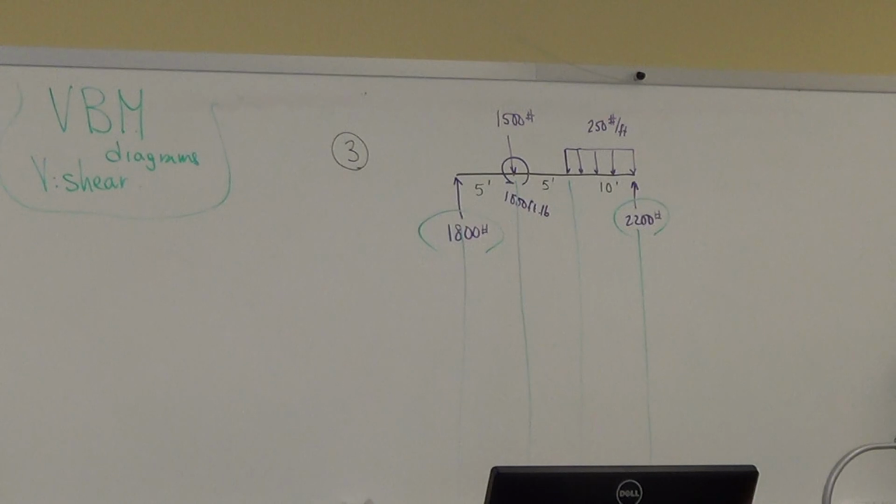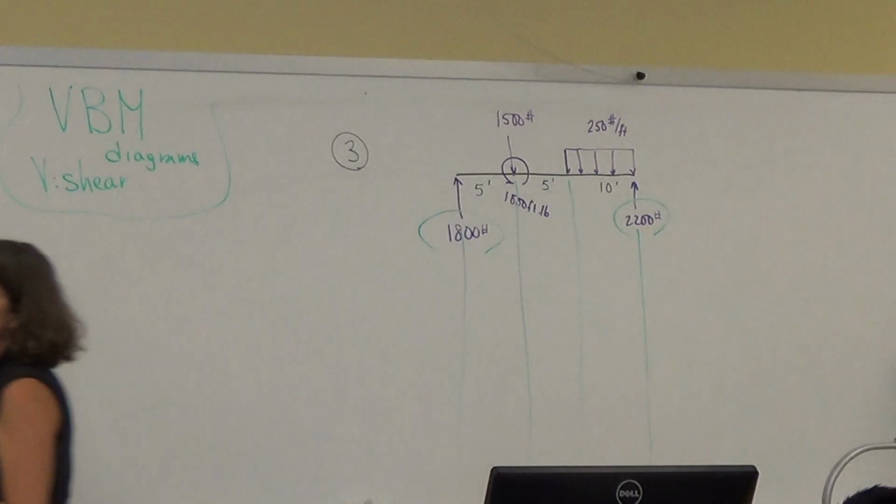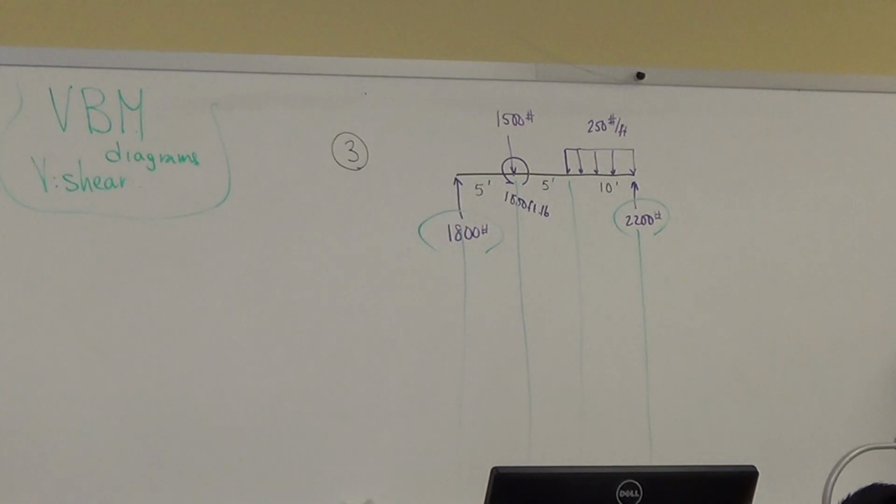Is everybody comfortable with how I'm dividing this beam up? Good? Okay, then we're going to draw our shear and bending moment diagram right below it. So I'm going to draw this representing my beam, and here's my shear, the value that I get for shear. Positive, negative, 0. Do I have a V on there?